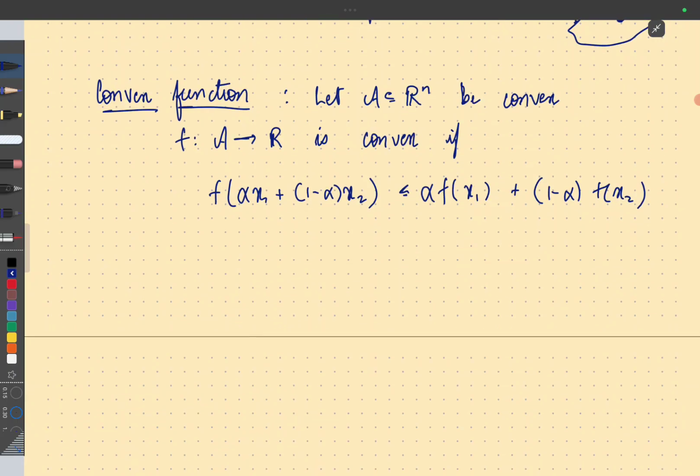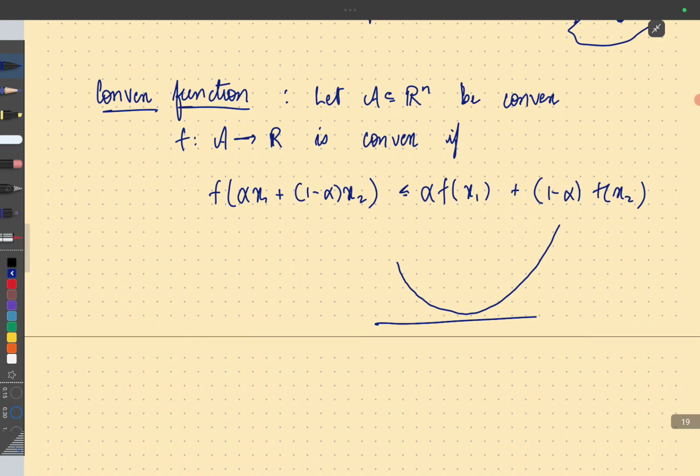All right, and what does this mean geometrically? If you had to visualize what a convex function is, what would it look like? Multiple line segments. Right. Yeah. So it would look something like a bowl, right? If you had to draw a generic convex function, it would look something like this.